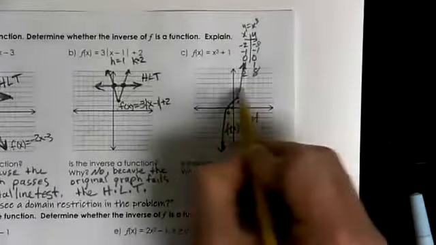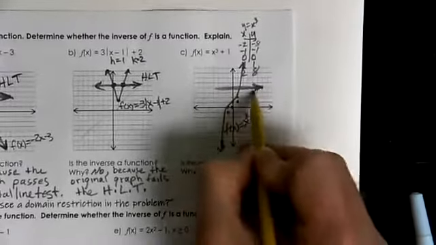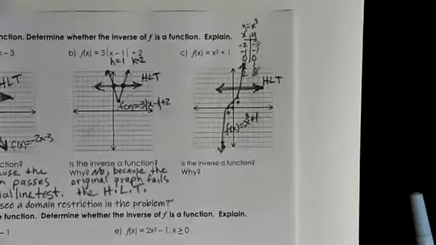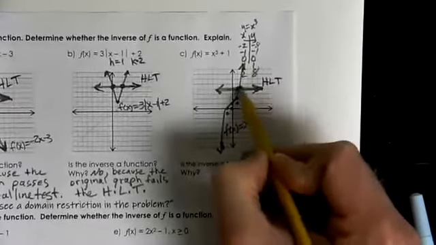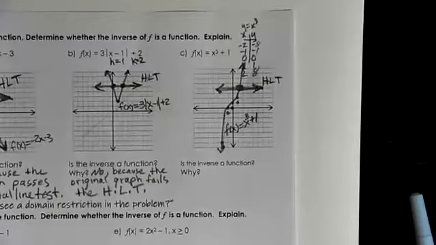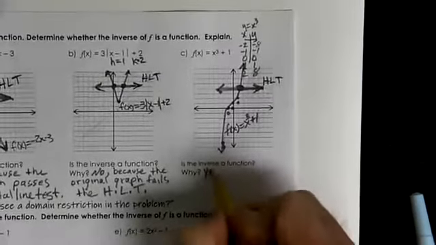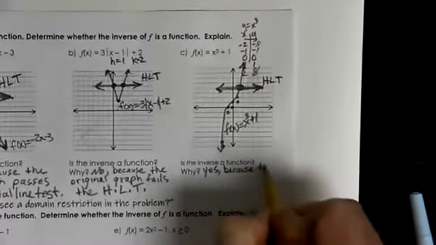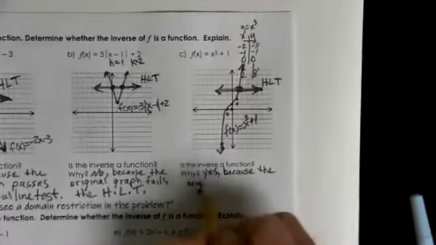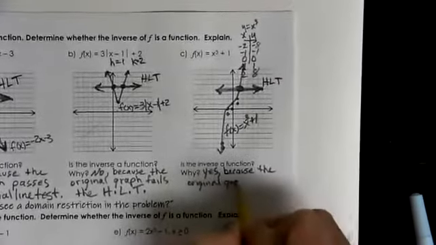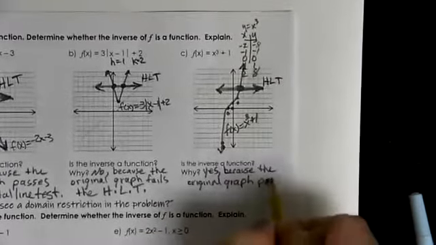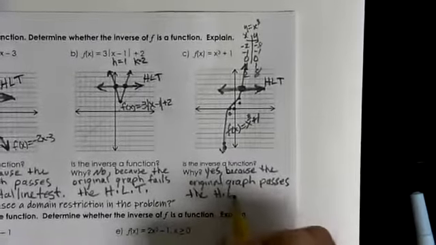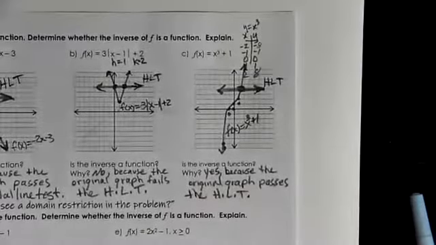And a horizontal line test is going to cross it at exactly 1 spot. So yes, because the original graph passes the horizontal line test.